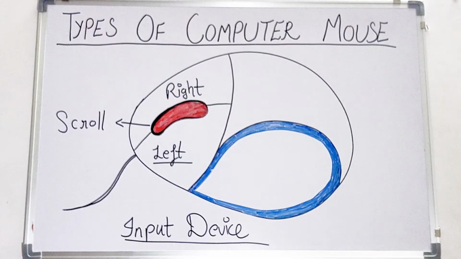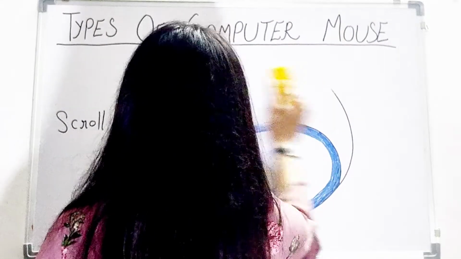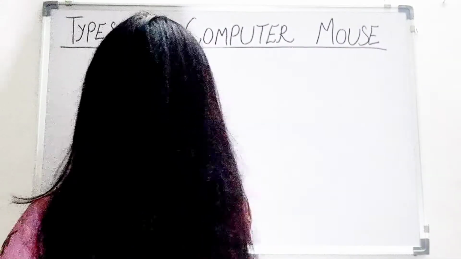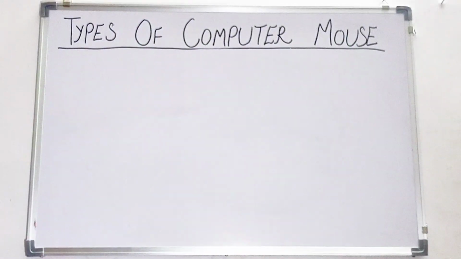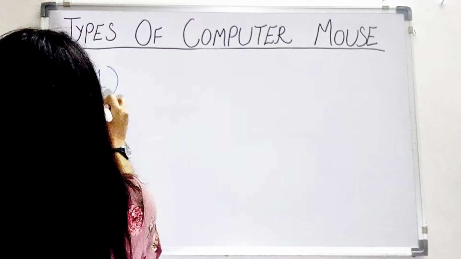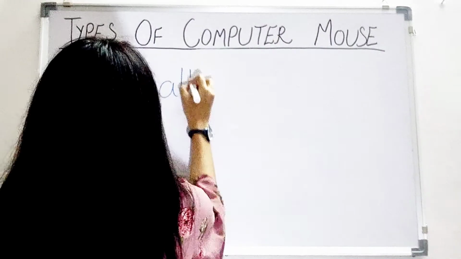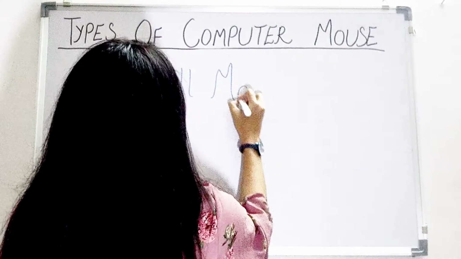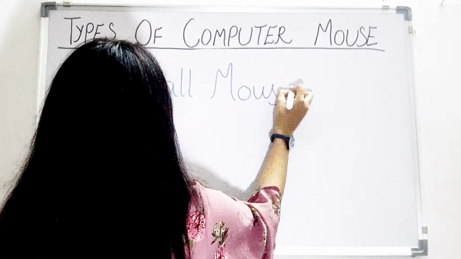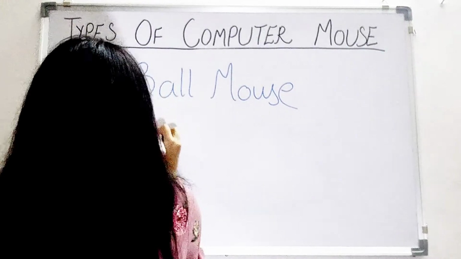Now let's study the types of computer mouse. Students, there are three types of computer mouse. The first one is ball mouse. The second one is optical mouse.